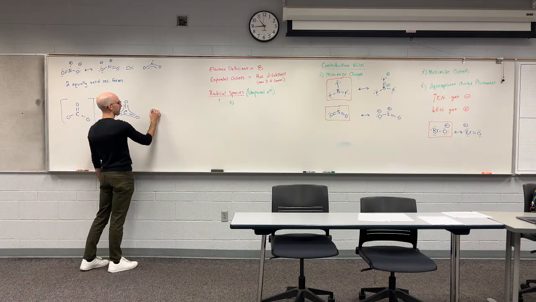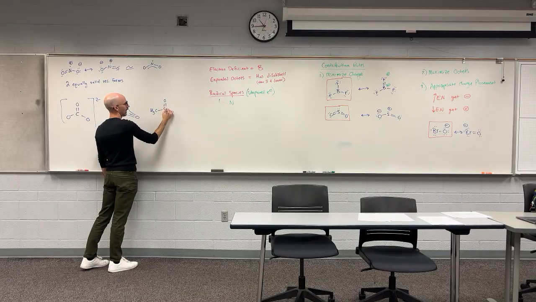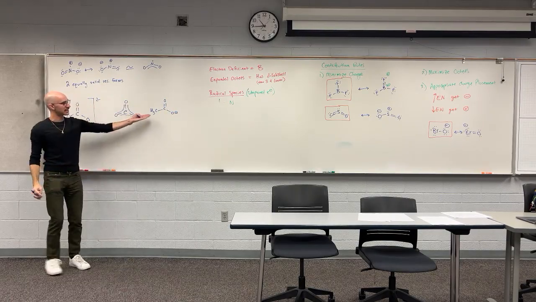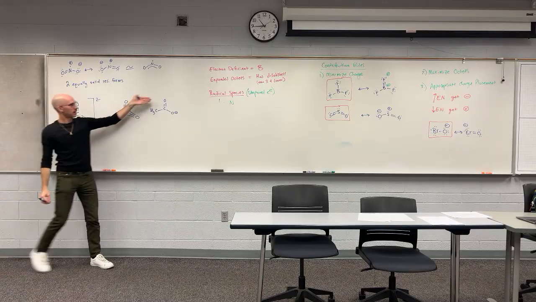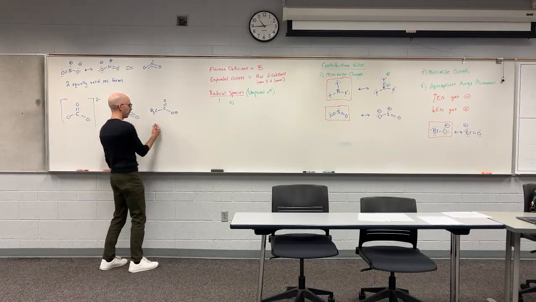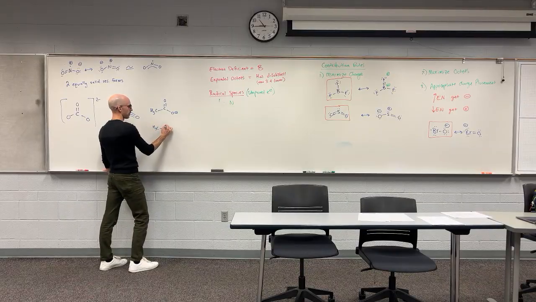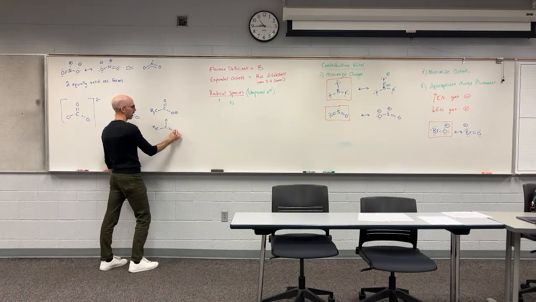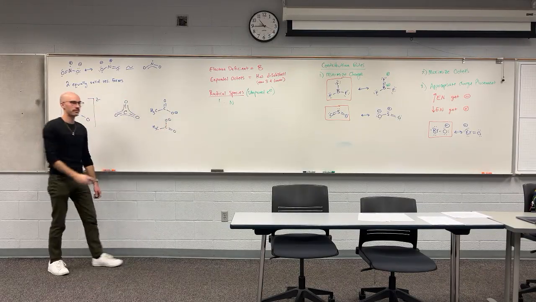But there are some very common organic molecules called acetates. And you can see that acetates, much like carbonate, have a very obvious resonance form. I could place the negative charge on top or on bottom.